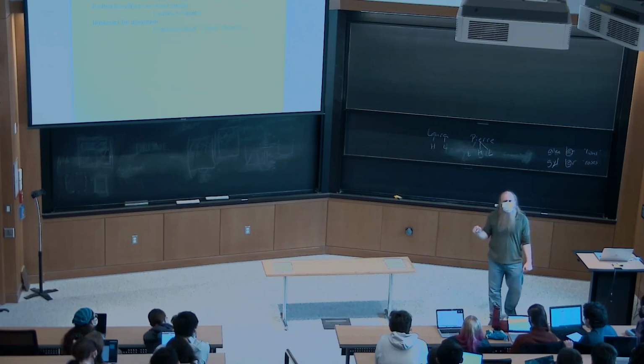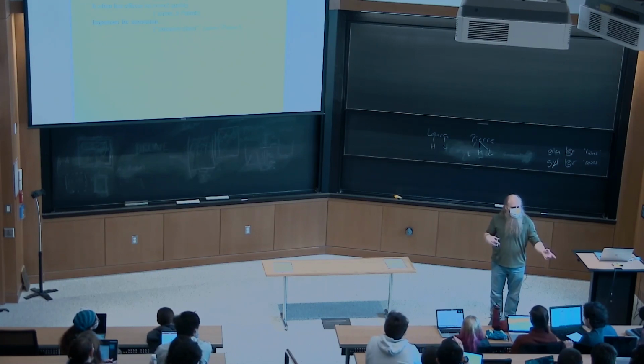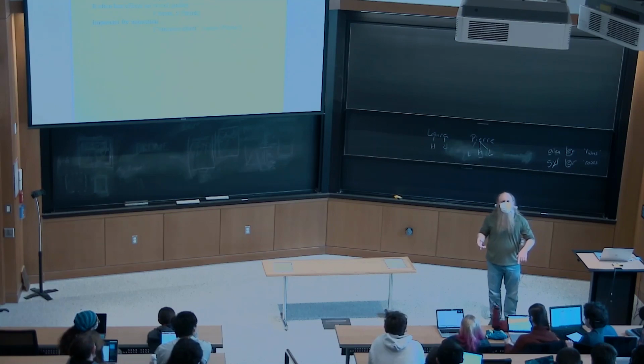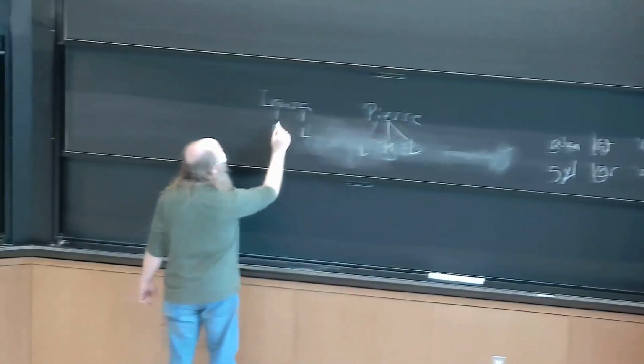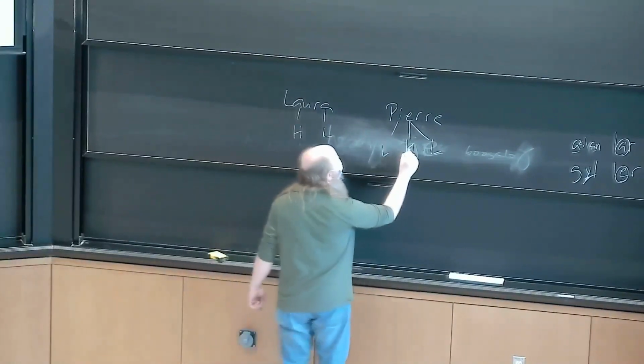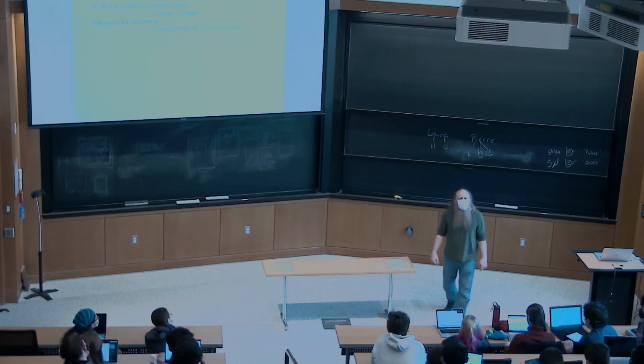What's the difference between Laura and Pierre? I mean, Laura is a girl and Pierre is a boy, but what else? Yeah, so if we're just talking about how you do the vocative chant, the high is on the first syllable of Laura, the high is on the second syllable of Pierre. Why?